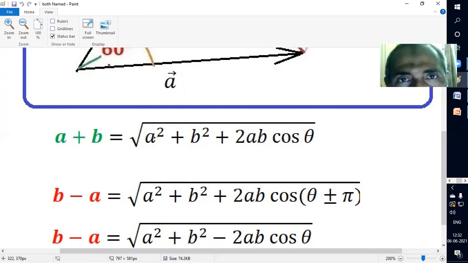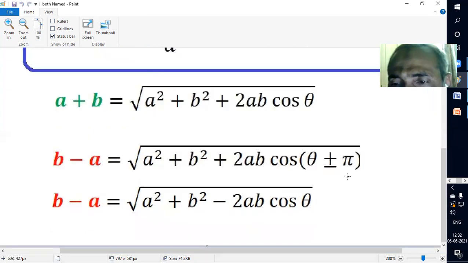Again you write a square plus b square as it is. Next, 2ab cos theta, where instead of a you write minus a. So in 2ab cos theta, if the value of a is inverted, then you'll get minus 2ab cos theta, as you are seeing in the third place.